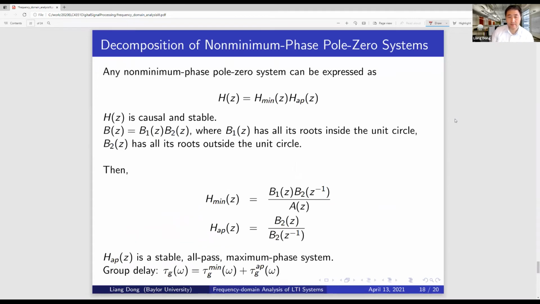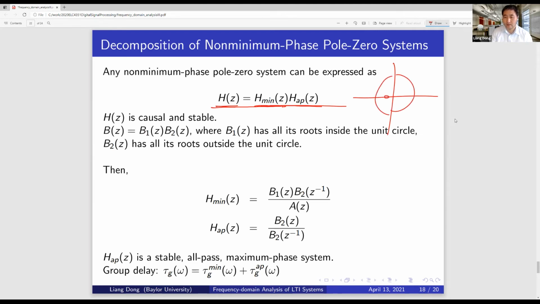Any non-minimum phase pole-zero system can be expressed in this form. For an arbitrary system, we have H(z), and inevitably you will have some zeros outside the circle. So what we can do is always construct a product like this. We put in here a minimum phase system.